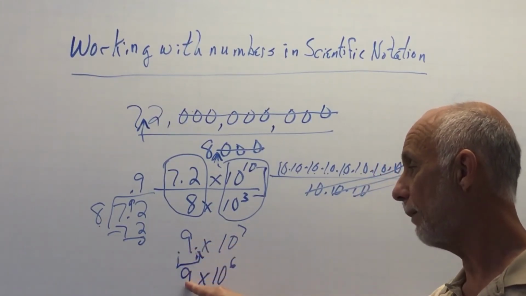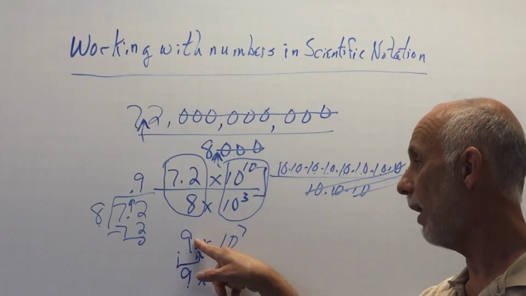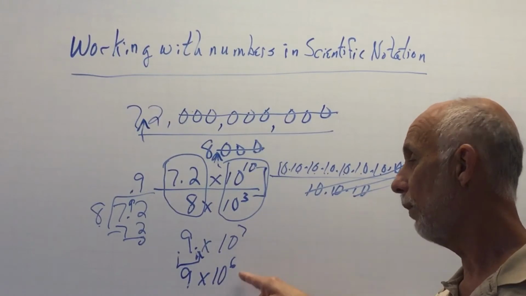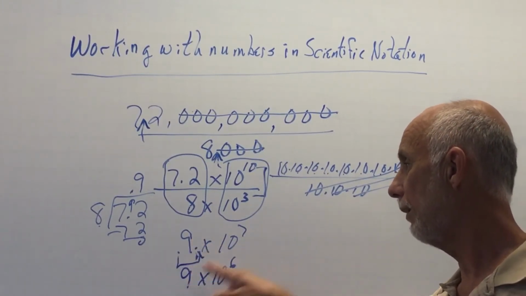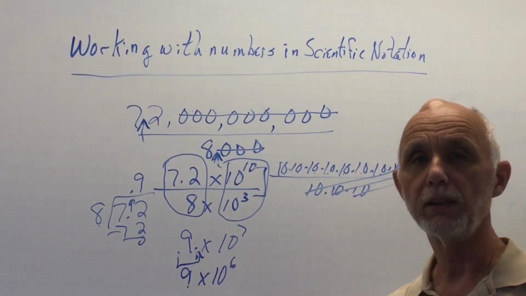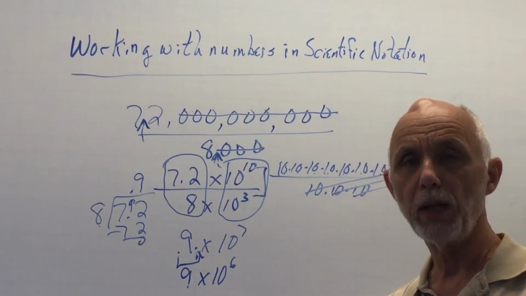If you made this number bigger, make this exponent smaller. If you make this number smaller, make this number larger. 0.9 became 9 whole things, so I made this number bigger. So 10 to the 7th becomes 10 to the 6th. So it's basically the same idea as multiplying.